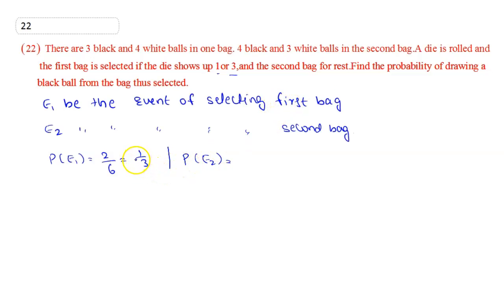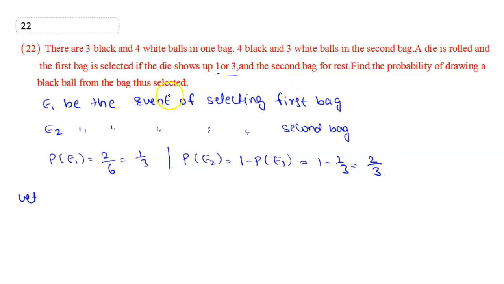So here 1 by 3 is there. P of E2 is equal to 1 minus P of E1, in the sense second bag is in the rest. 1 minus P of E1, that is nothing but 1 minus 1 by 3, that is equal to 2 by 3. Right?